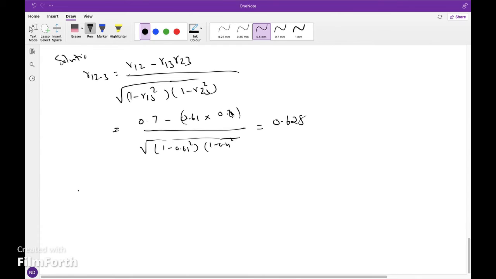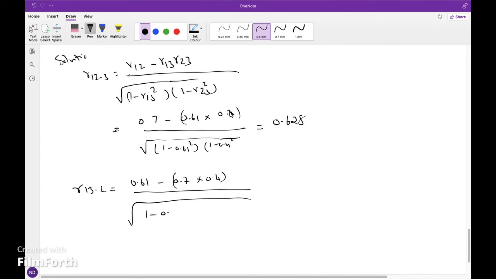Similarly, we can find r13.2. So (0.61 minus 0.7 into 0.4) divided by the square root of (1 minus 0.7 squared) into (1 minus 0.4 squared). Using a calculator, you can get the value 0.50.